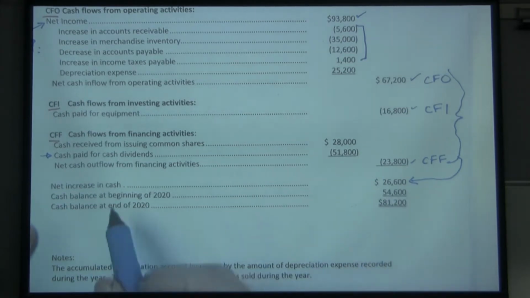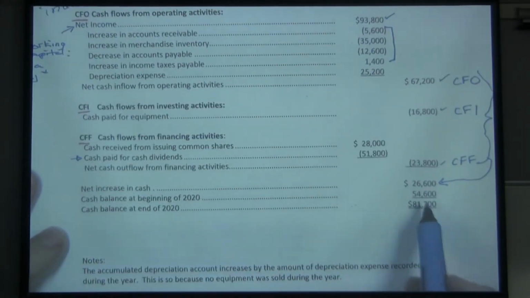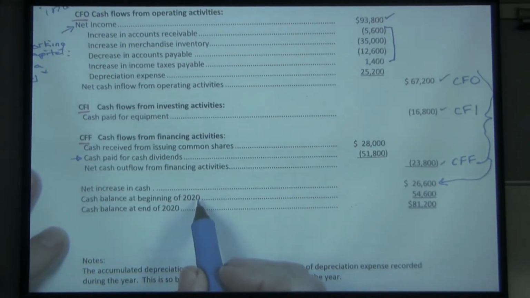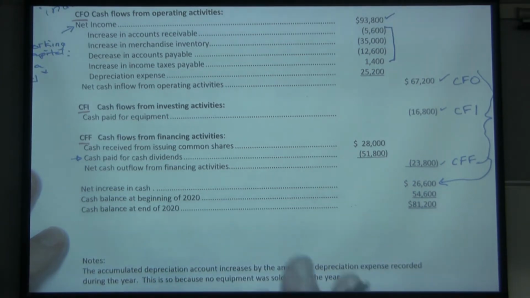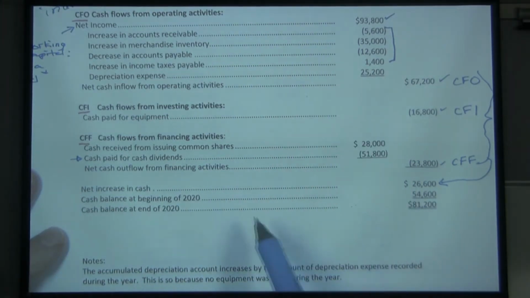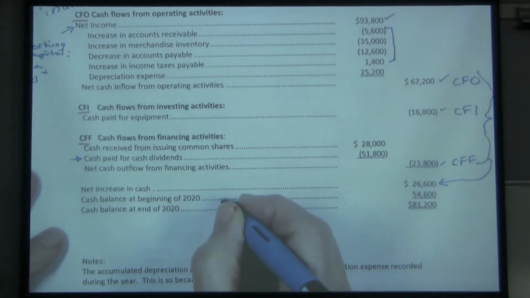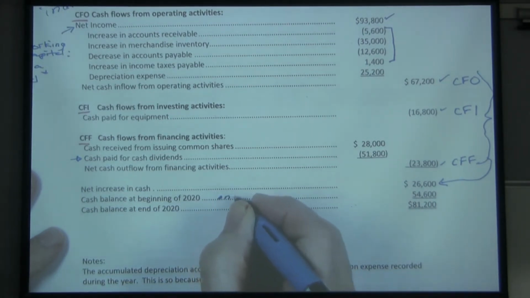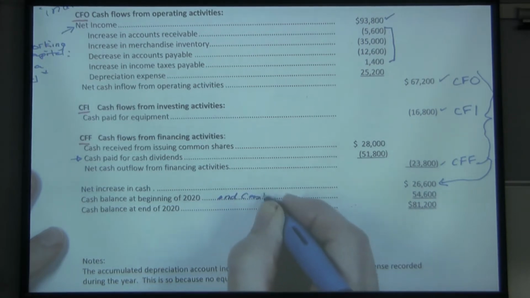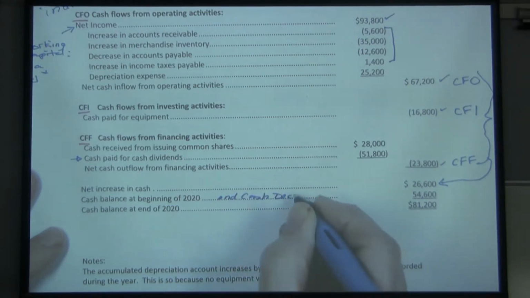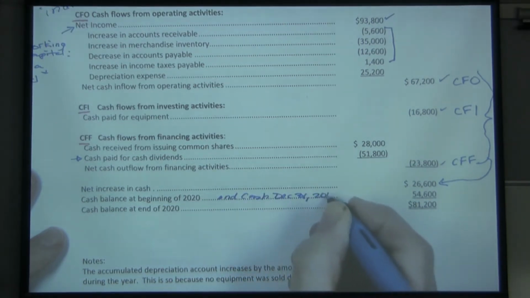We're going to look at the balance sheet to get our beginning cash balance for the year. So this is for the year 2020. What we would do is look at the ending balance, ending cash. That would be December 31st of 2019.